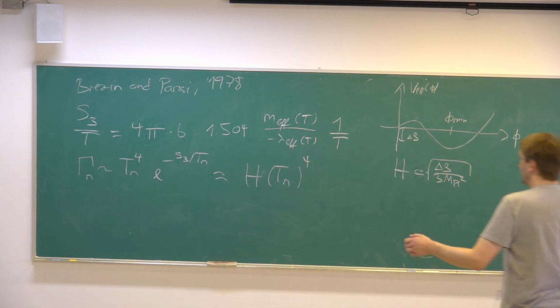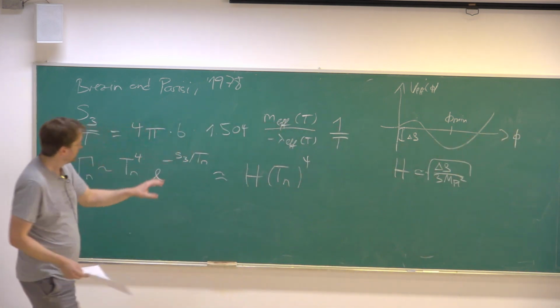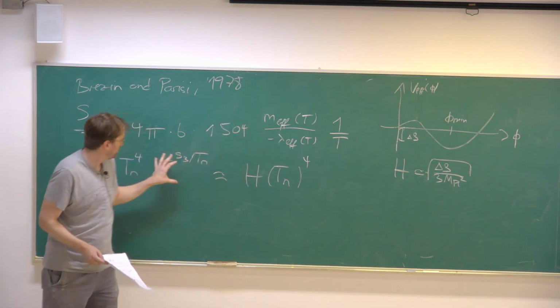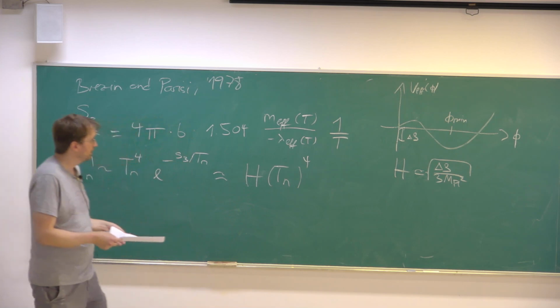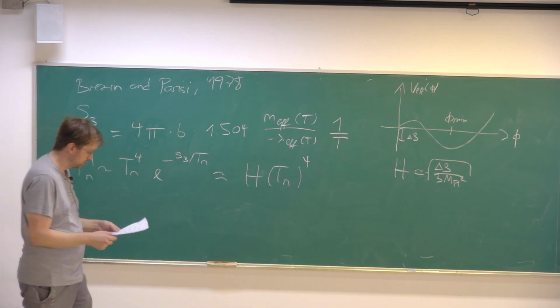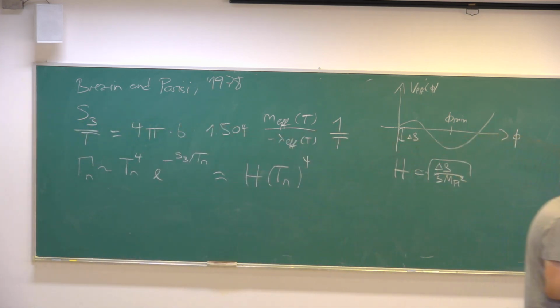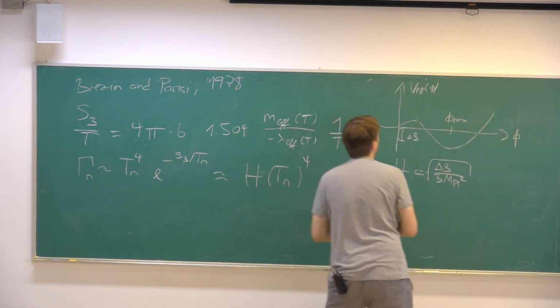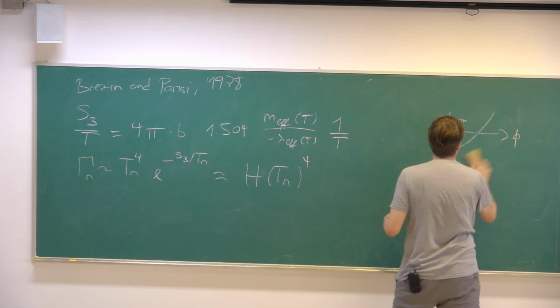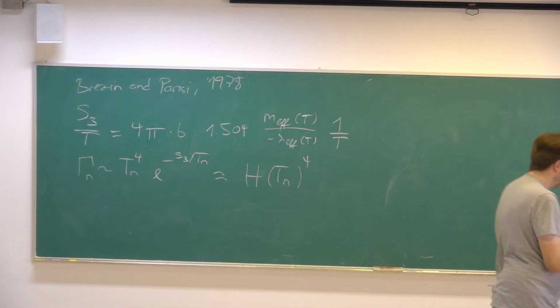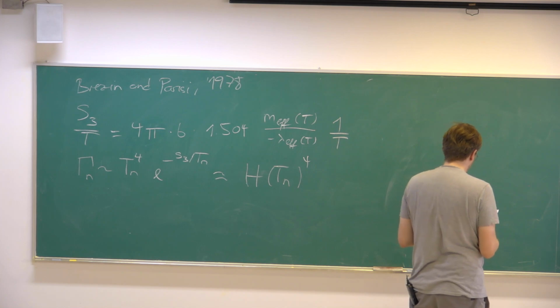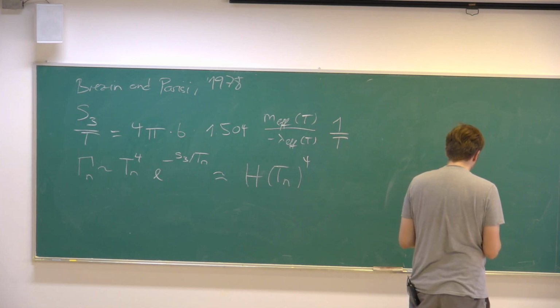Okay, so now we have everything. We have an analytical expression for this side, an analytical expression for this side, and now we can just combine the two. And again, I will just jump straight to the result. Try to check this if you want. And the result is that you have to satisfy the following condition.